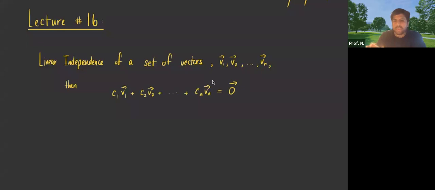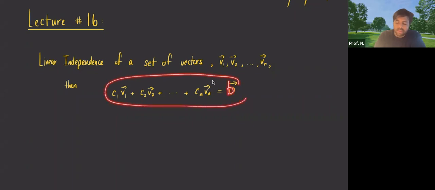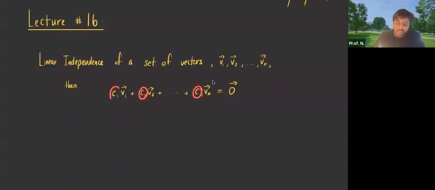So just to compare this, normally when we deal with span, we want to figure out whether a vector is in the span of a set of vectors. So we normally set up this equation very similarly, right? We set up our linear combination of vectors, and then we set it equal to the vector that we're interested in, to figure out whether or not this system has solutions, where the solutions would be the coefficients of our vectors.